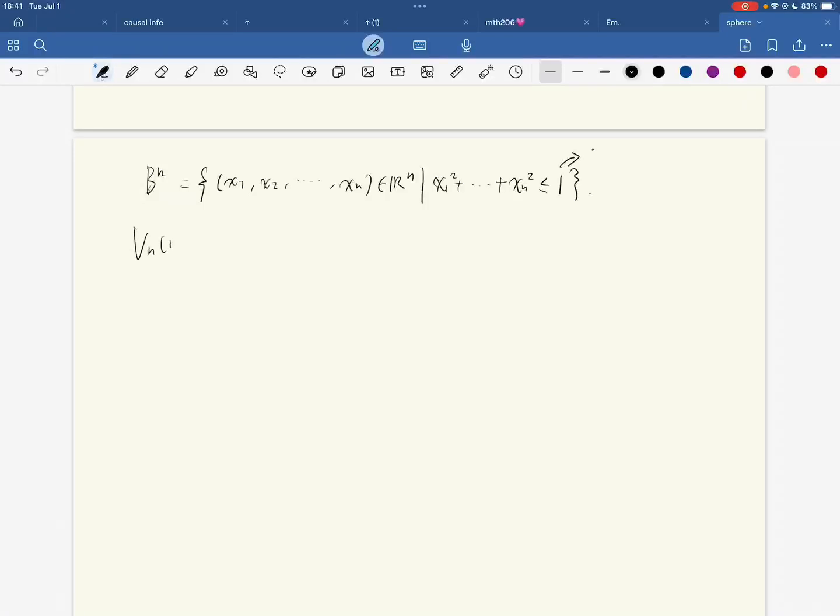And V_n(r) equals the volume of the n-dimensional ball of radius r. Now we define the n-dimensional ball's volume as this.